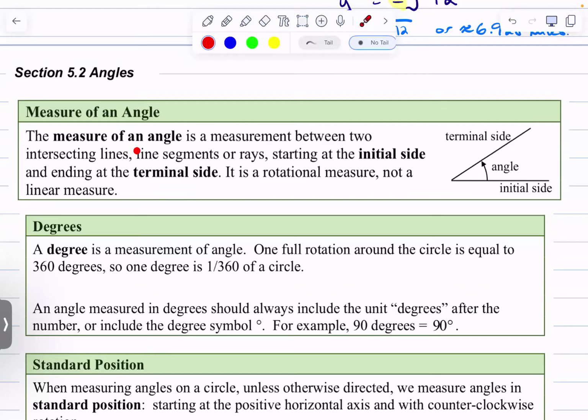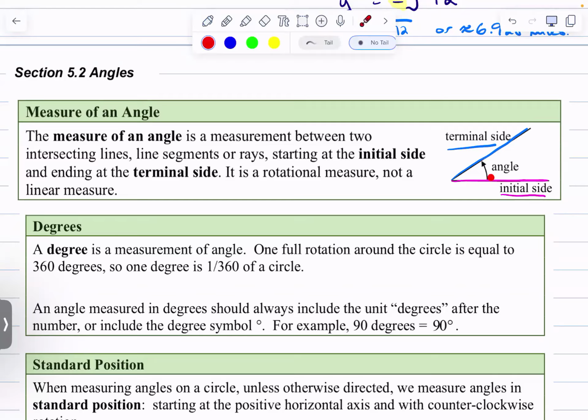The measure of an angle is a measurement between two intersecting lines or line segments or rays, depending on what you want to call them. Just for some terminology, this is your initial side, ending at the terminal side here.